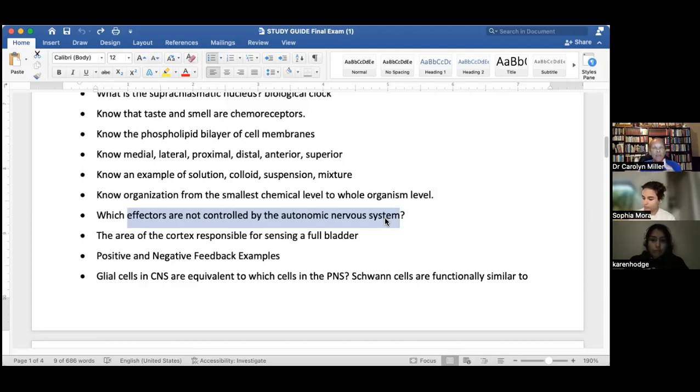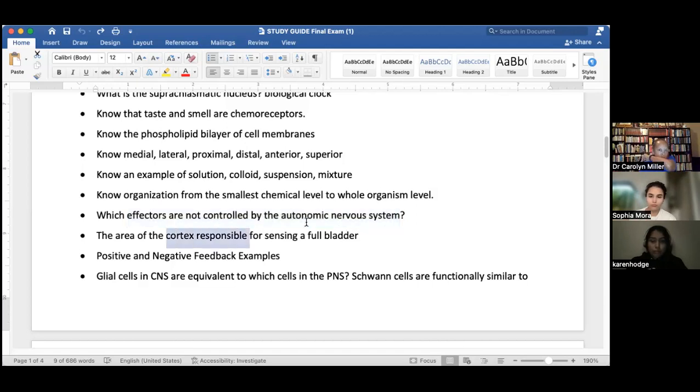If it's talking about the GI system, it is the enteric nervous system, not the autonomic. The autonomic nervous system controls our involuntary muscles: cardiac muscle, which is found only in the heart, and smooth muscle, which is found in blood vessels and our organs.